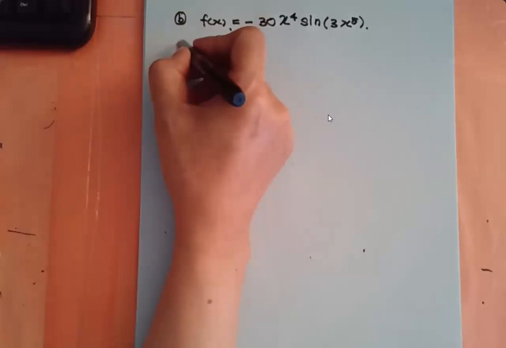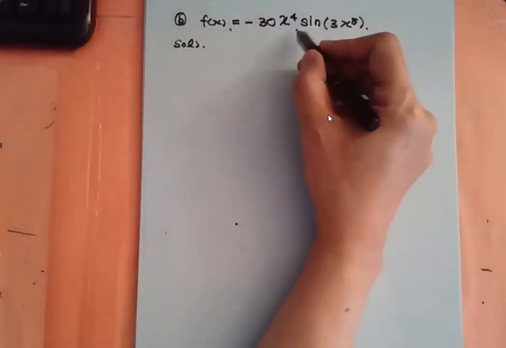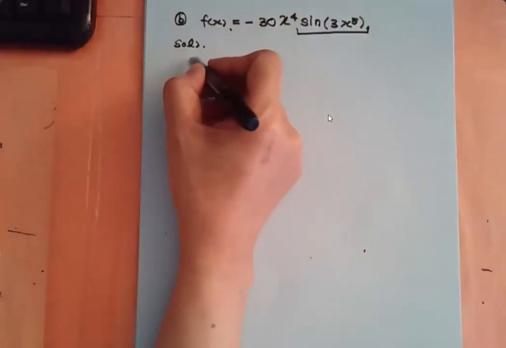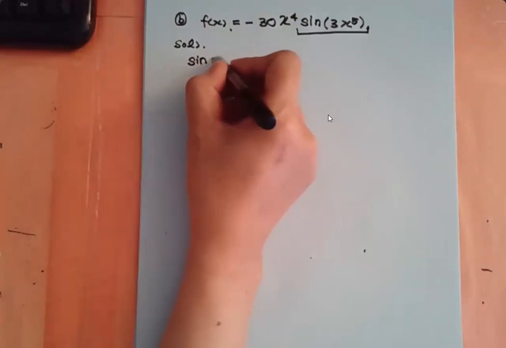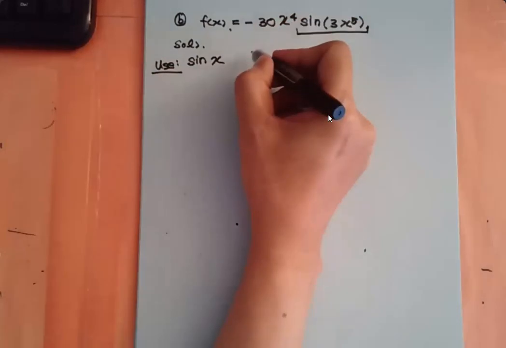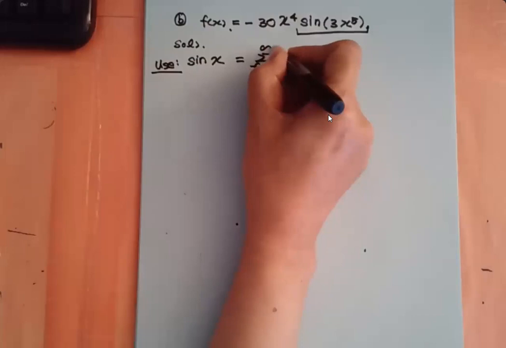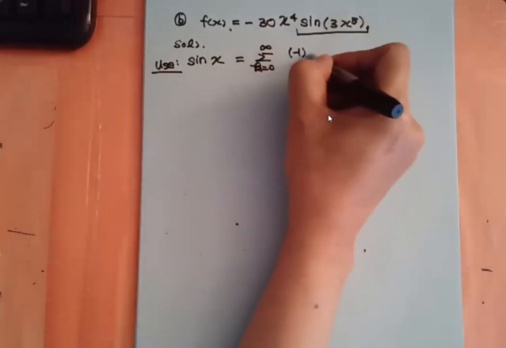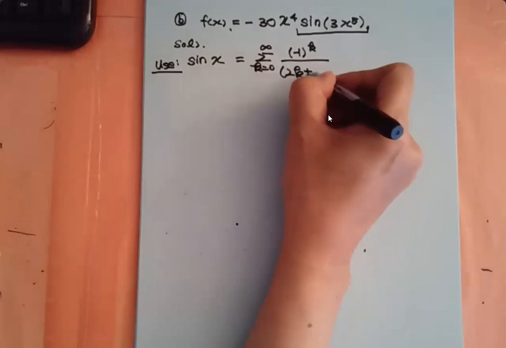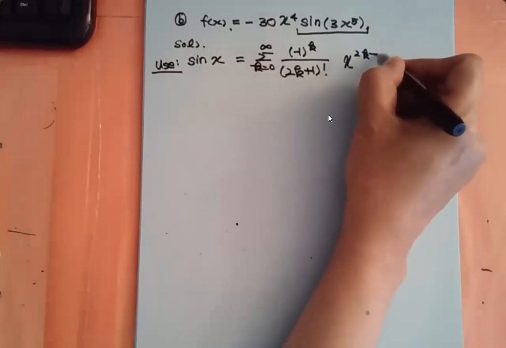So I would recommend you just for the problem solving purpose, we will just use the expansion of sine. So sine of x equals summation k equals 0 to infinity -1 to the k power over 2k plus 1 factorial x to the 2k plus 1.